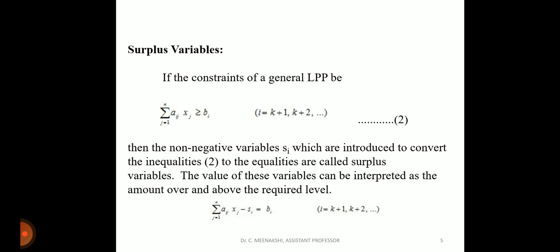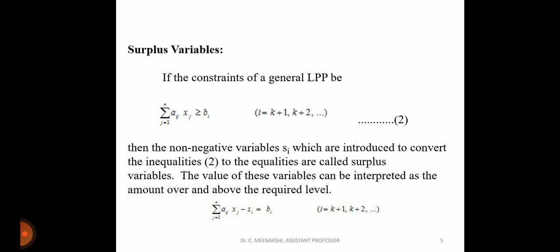Similarly, the surplus variable is defined as follows. If the constraint of the LPP is of the greater than or equal to type, then the non-negative variable si, which is introduced to convert the greater than or equal to inequalities by subtracting the variable si, is called the surplus variable.